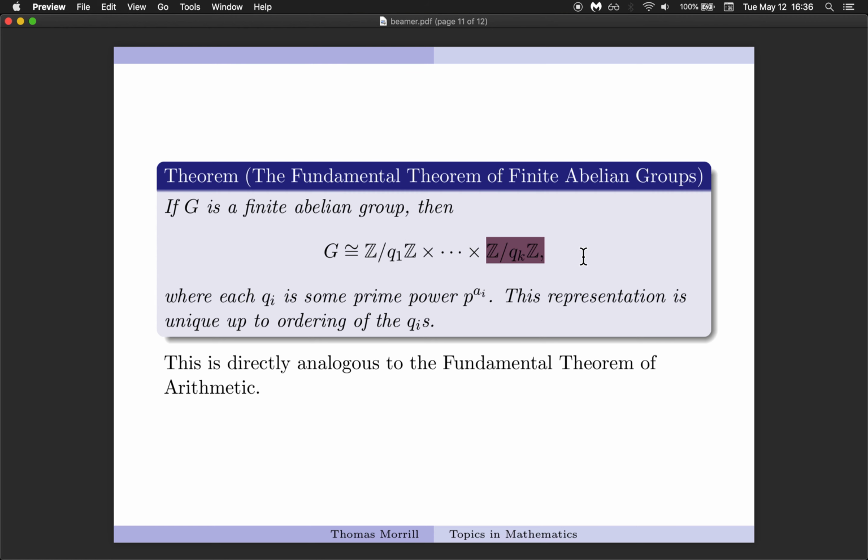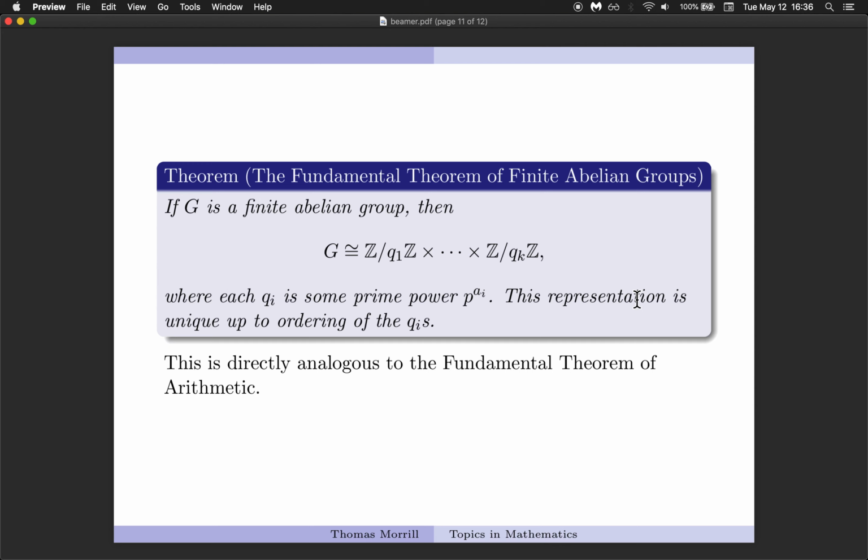These are all my cyclic factors. The first one of these I've called Z mod Q1. And then I don't know how many are inside of my ellipsis here. The last one on my list is going to be Z mod Q sub k. In this breakdown, each Qi is some prime power, so p is some prime number, a sub i is some exponent. And on top of that, the representation is unique up to the ordering of the Q sub i's.